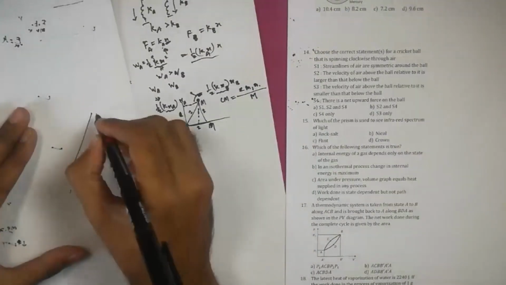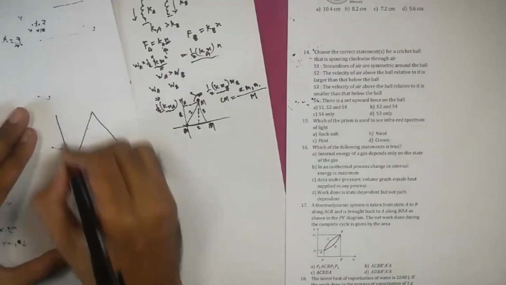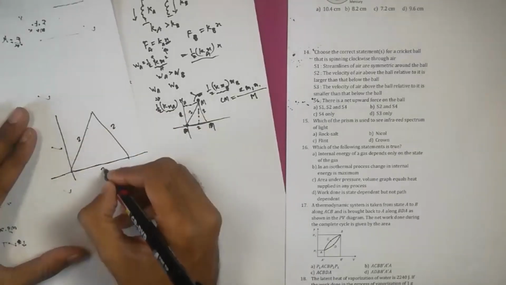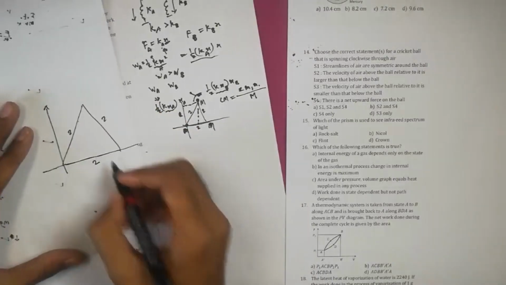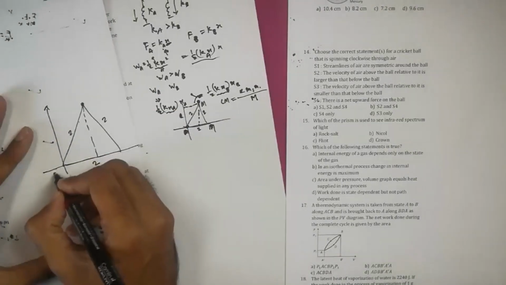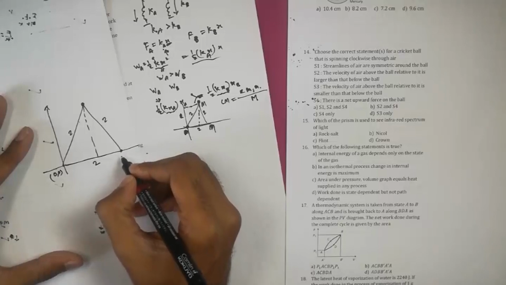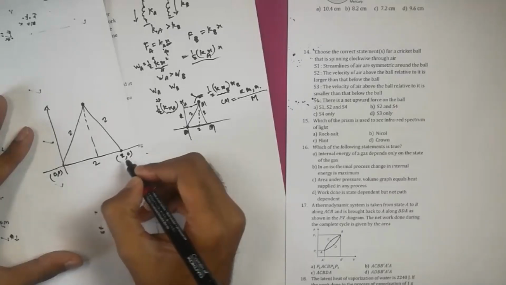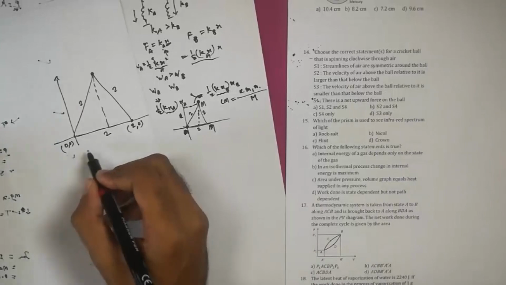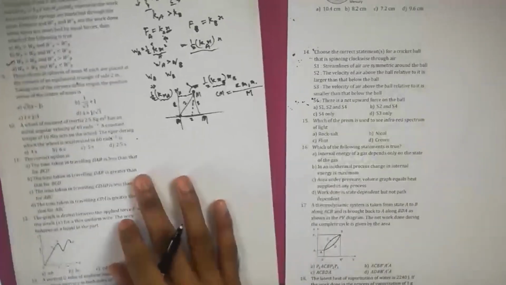Because this is at the origin, consider 2 meter, 2 meter, 2 meter, and then we need to find out the coordinate of this particular point. This particular point is 0, 0. This particular point is 2, 0. Now we don't know the coordinates of this one, but to find the summation values, we can write this using the formula, mass into this particular distance.